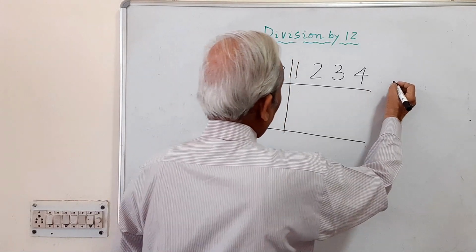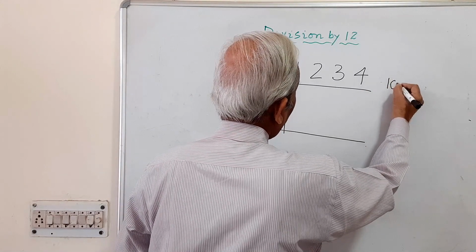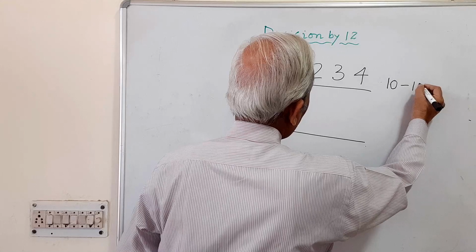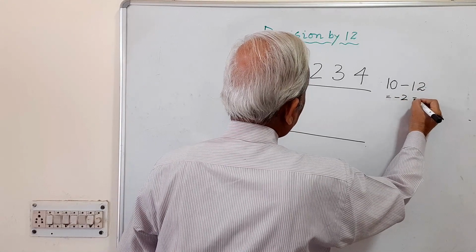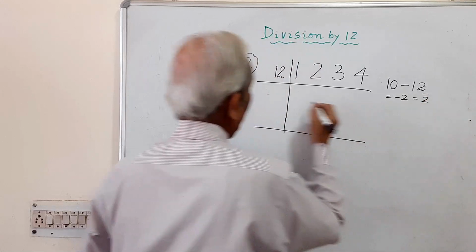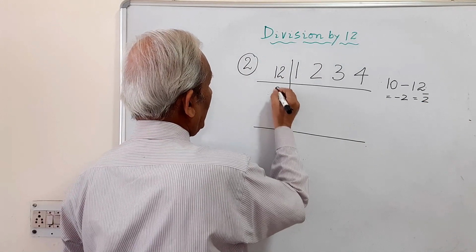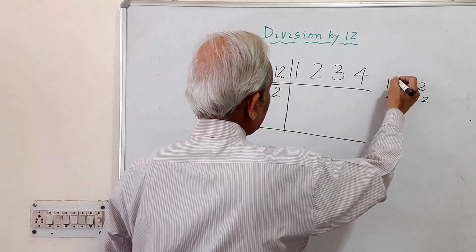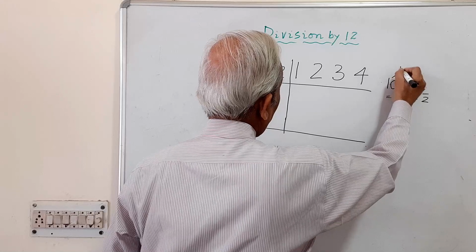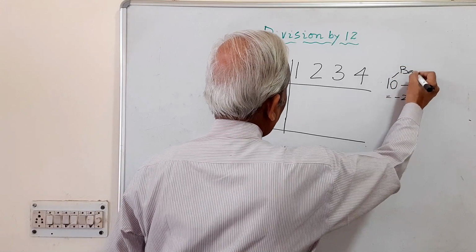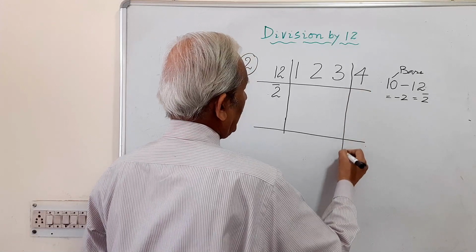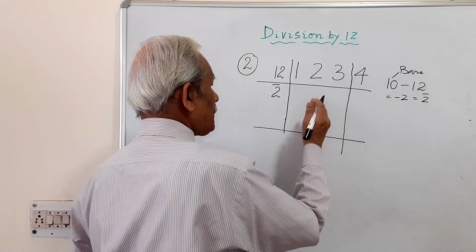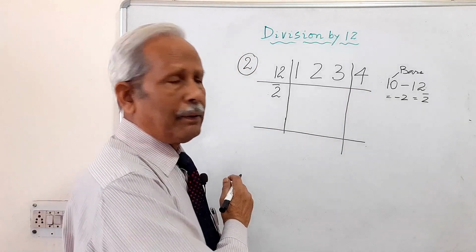Here the base is 10 and the divider is 12. So the difference is minus 2, which is equal to 2 bar. Write down 2 bar here. And since there is one 0 in the base, we put one line after one digit. This side is the remainder and this side is the quotient.